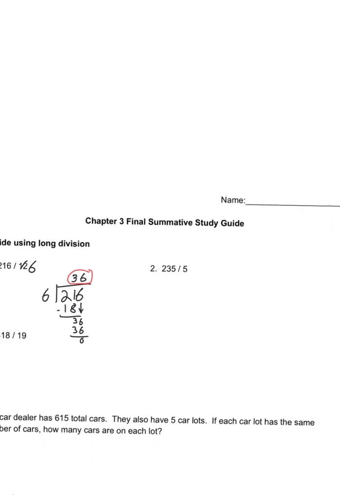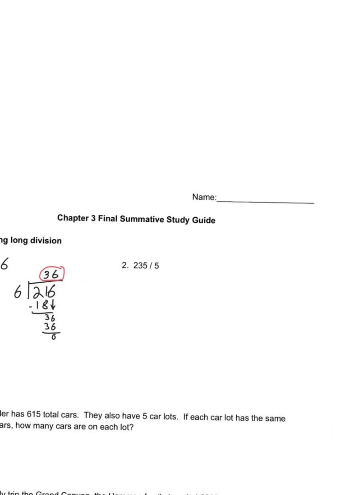Number 2. 235 divided by 5. Sorry, that's a bad table there. 5 can't go into 2, so we're going to put it into 23. And it's going to go 4 times. 5 times 4 is 20.